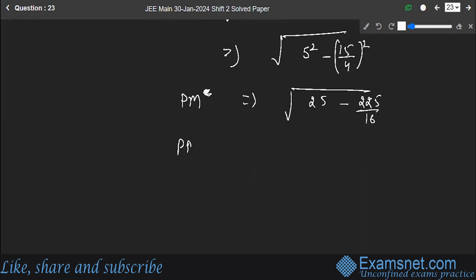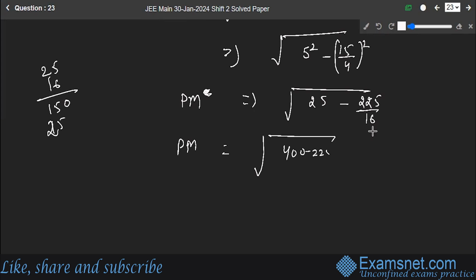So PM square will be given by 25 into 16, which is 400. Just let me check. Yes. So 400 minus 225 upon 16. This gives me 175 upon 16.